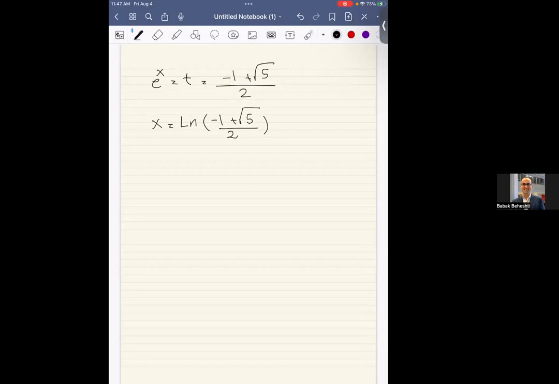So for example, here, what is (-1 plus square root of 5) divided by 2, and then take the ln. So this is a number around minus 0.48.